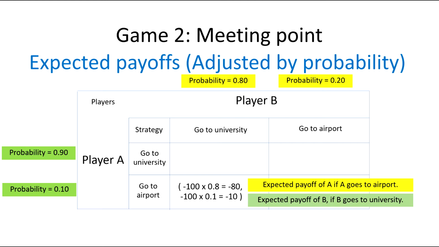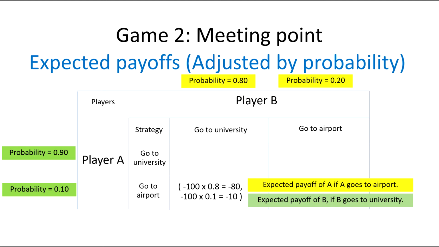Here you see the expected payoff of B. If B goes to university and A goes to the airport, B will lose 100 YouTubes for the full payoffs. But there is only a probability of 0.1, or just 10%, that A will go to the airport.